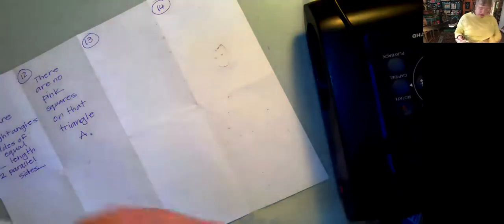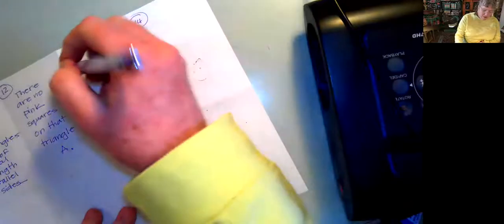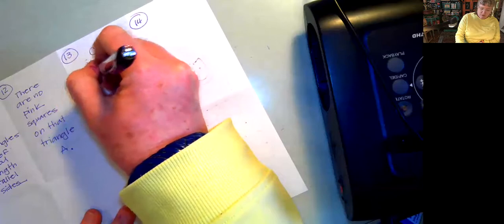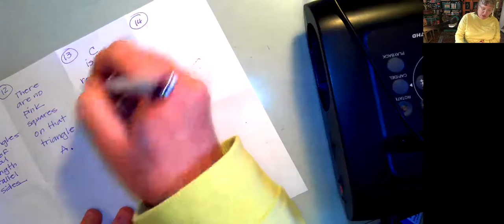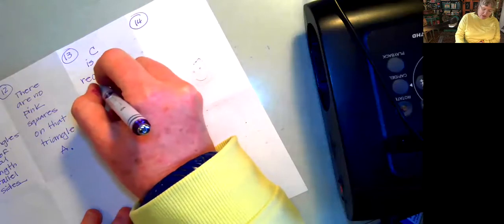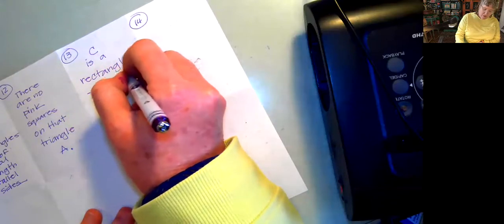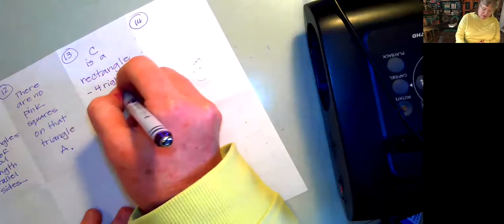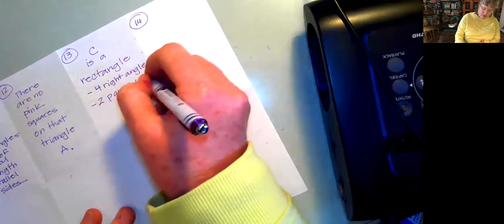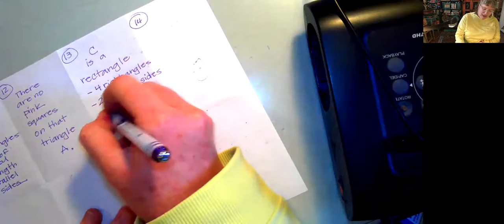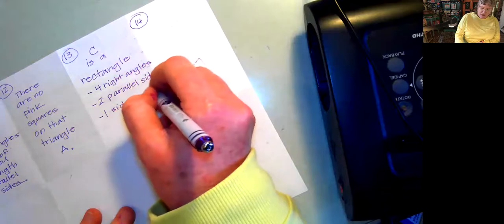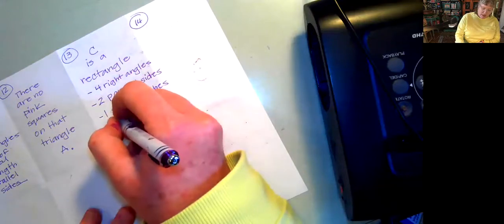So we're going to say C is a rectangle. And the reason why is because it has 4 right angles, 2 parallel sides, and one side matches its parallel side.